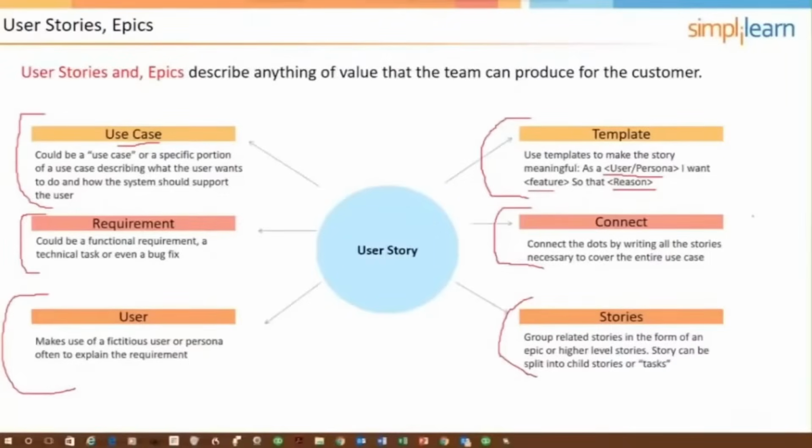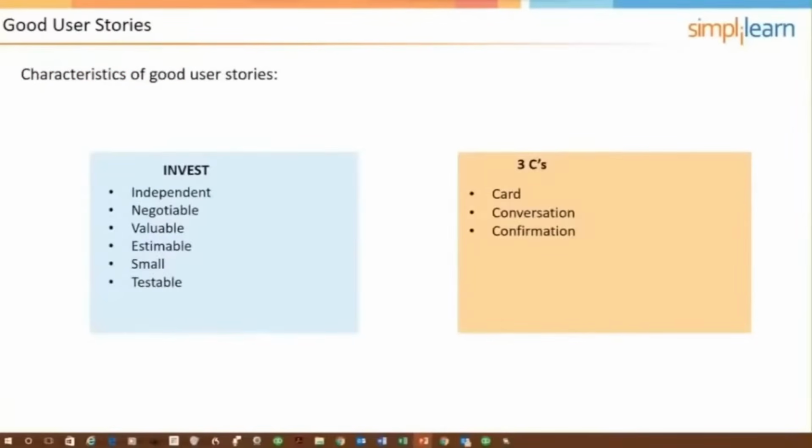Now, here are some things that I want you to memorize. You were hoping I was done with the memorization part. So I want you to remember that we have to invest in our user stories. And I was going over to the whiteboard and I didn't change cameras, so let me do that.